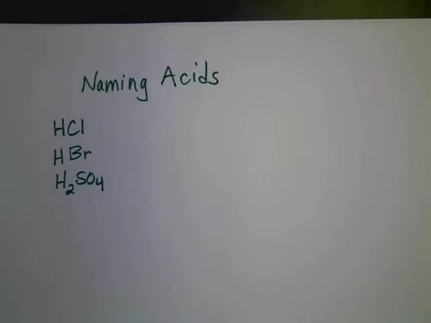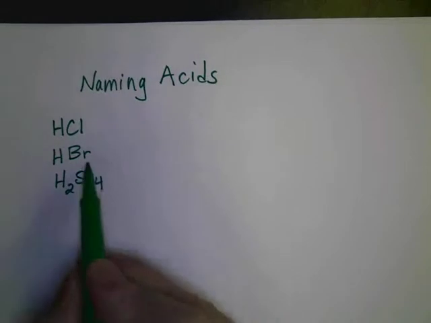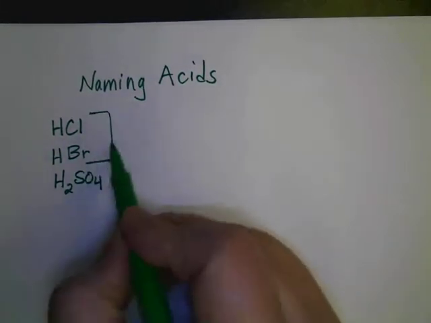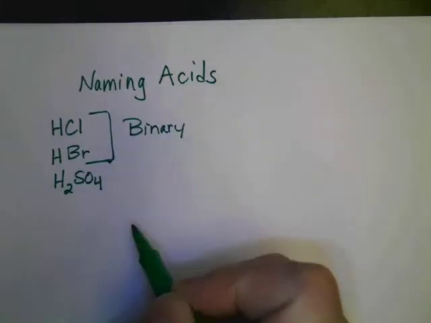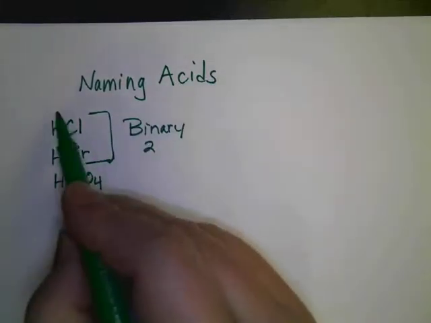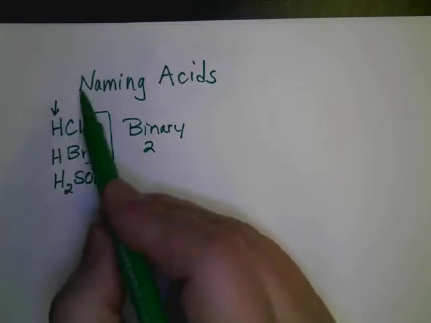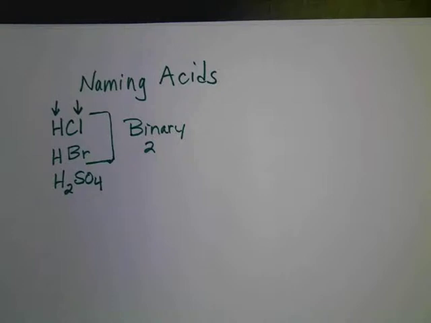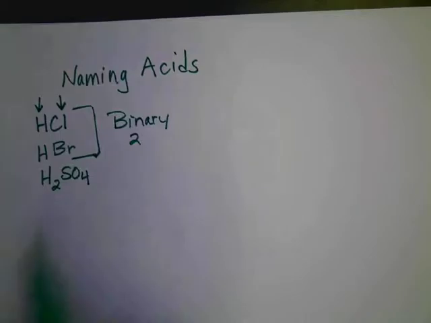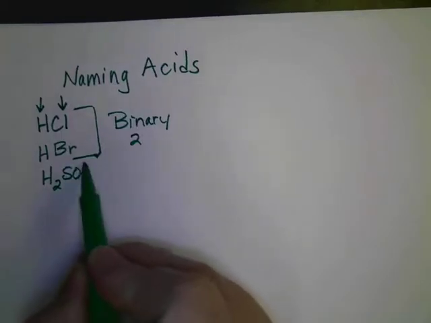Now, the three I've written there, the first two are binary acids. And you remember that binary means two. So we've got a hydrogen ion with an anion written there from the periodic table. So these are binary. This one down here has that SO4.